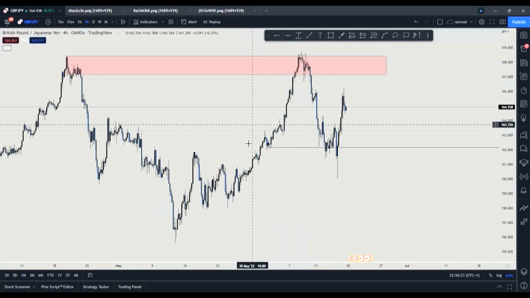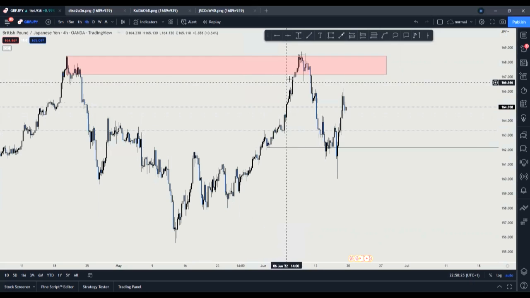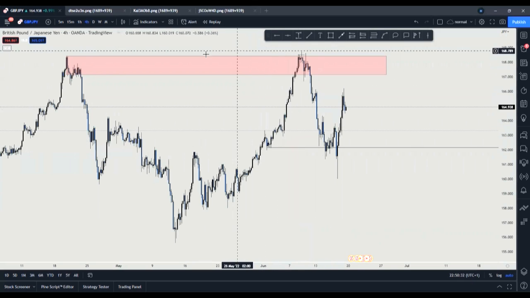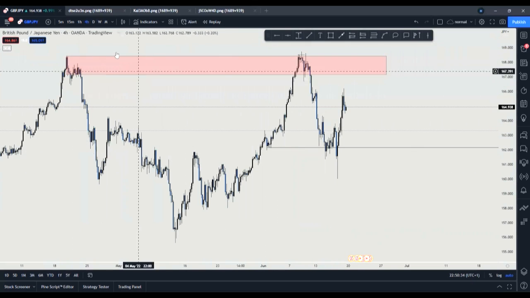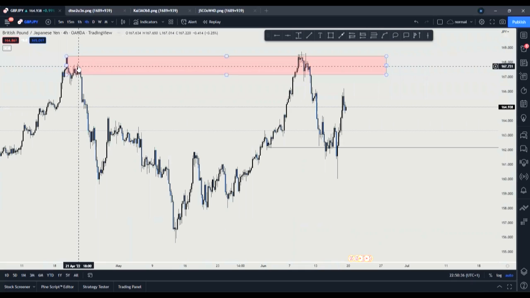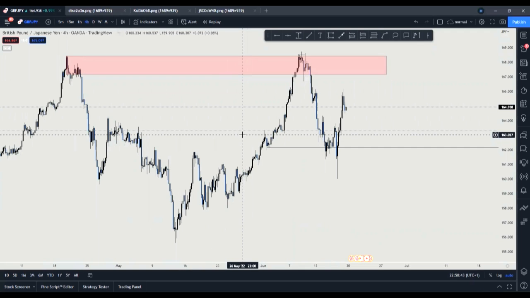Of course, you could have taken some along the way, but keep in mind what we have been working through until now. We went down from the monthly, weekly, daily, all the way to the 4 hour, to know where a high probability area is.